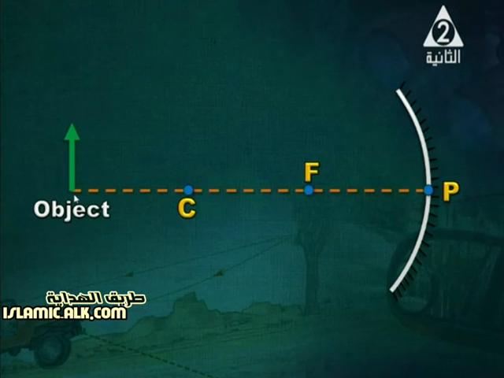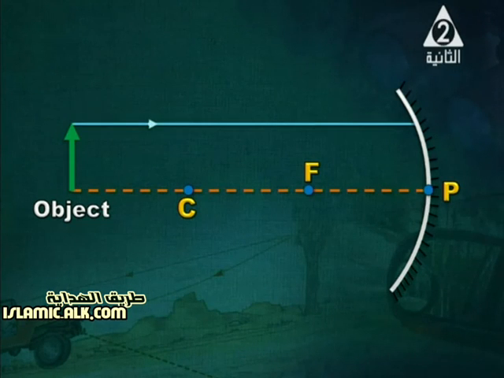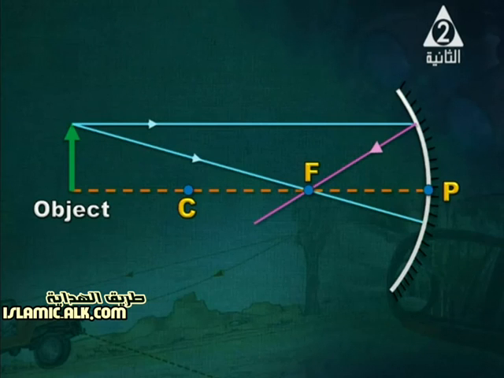This object will send two rays. The first is a ray parallel to the principal axis. This parallel ray will reflect when hitting the reflecting surface of the concave mirror and pass through the focus. The second ray passes through the focus, and will reflect parallel to the principal axis.